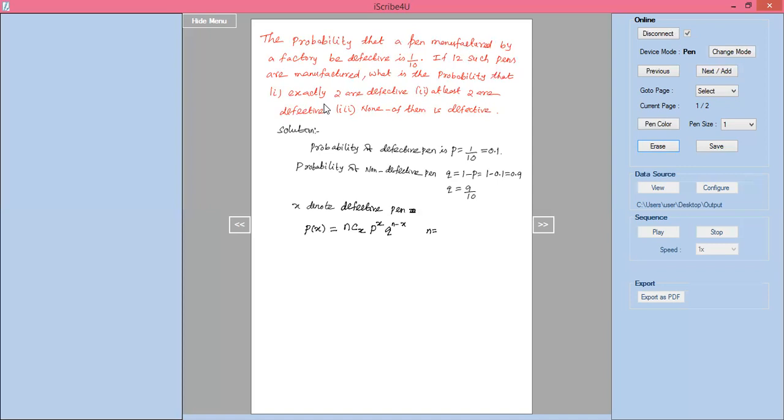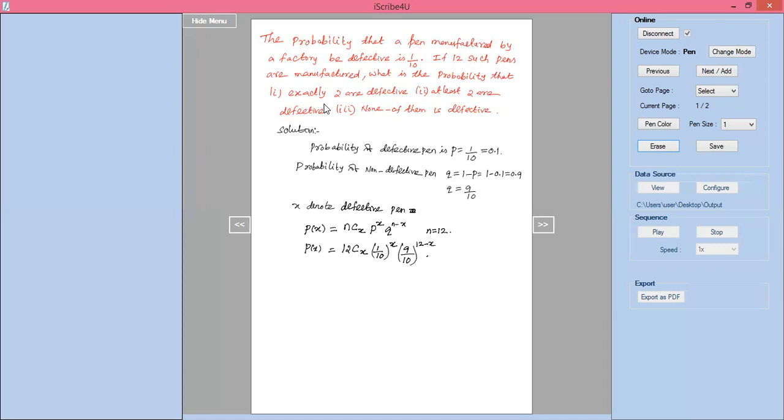Here n equals 12. So P of X equal to 12Cx into 1 by 10 whole power x into 9 by 10 whole power 12 minus x.